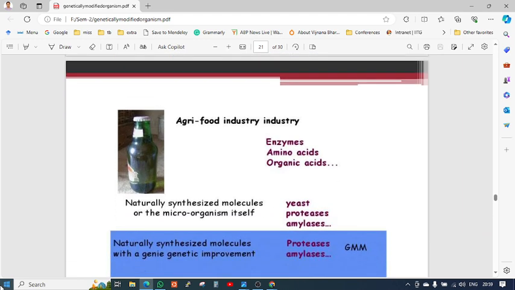Then the second application is the agri-food industry, because of the increasing demand for energy and food needs. In other words, food is nothing but a form of energy. Keeping in mind increased populations, high amounts of proteins, carbohydrates, and food are required.